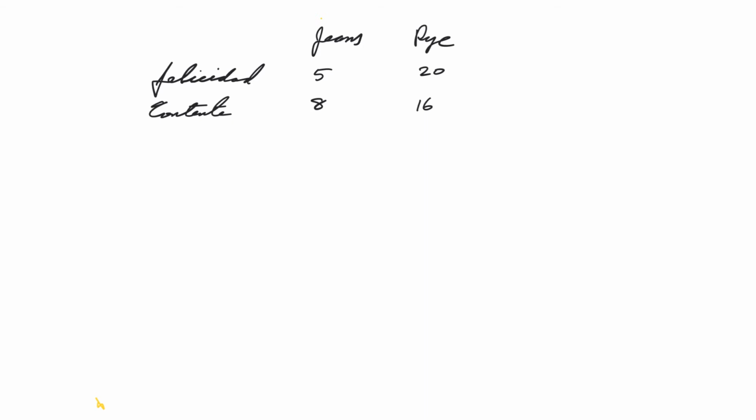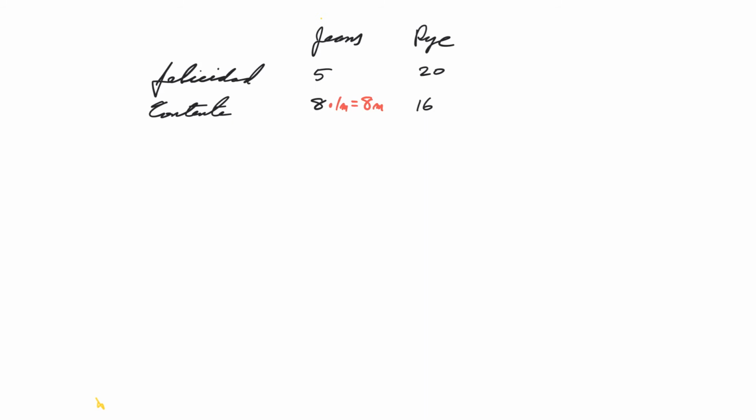It says initially suppose Contente uses 1 million hours of labor per month to produce jeans and 3 million hours per month to produce rye. Okay, let's stop right there. Contente uses 1 million, times 8, equals 8 million, right? So they're going to allocate their labor. They have 4 million hours. They're going to allocate 1 million of them producing jeans, which means they can produce 8 million jeans.